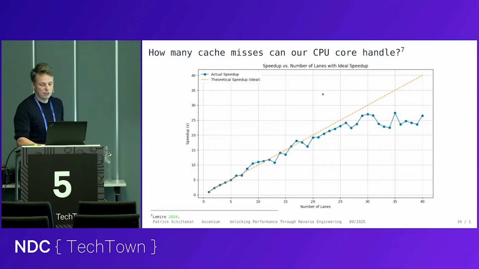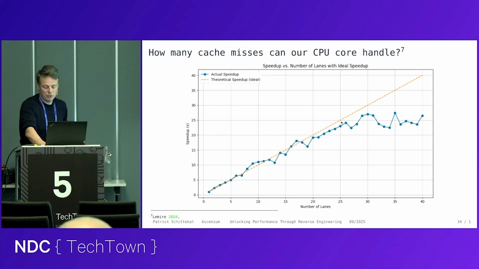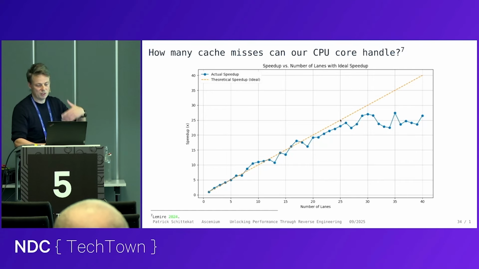So here you see, this linear line is what would happen if every time all these loads, in this case 25, all this number of lanes, can just go and miss the cache, when there is no bottleneck in this hardware structure.